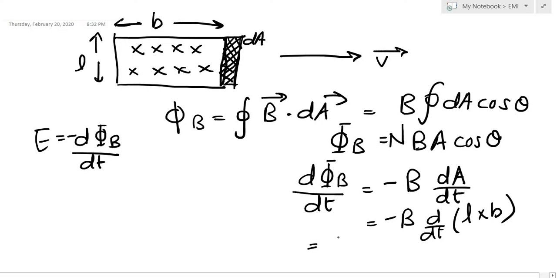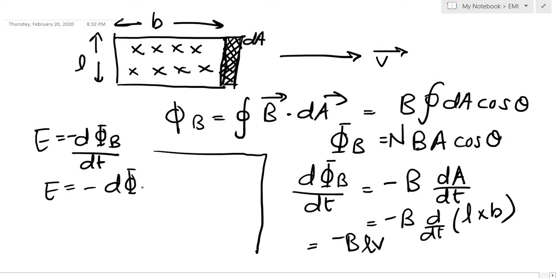So minus B, length remains the same. Now change in breadth with respect to time, well, that's just your velocity, isn't it? So negative BLv. And now by Faraday's law, E is equal to minus d phi by dt. We have d phi by dt, we just multiply another negative and we have BLv. That's the magnitude of the induced EMF.